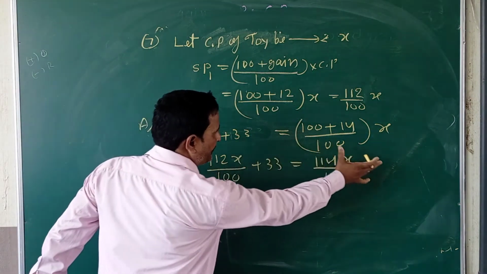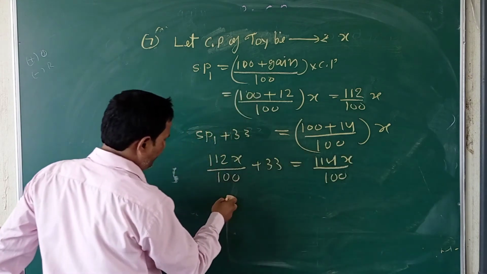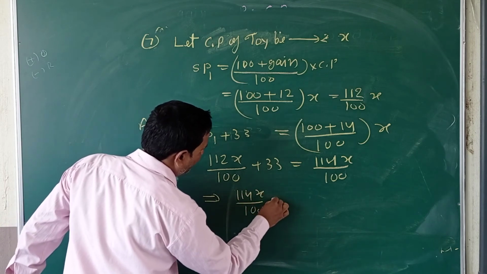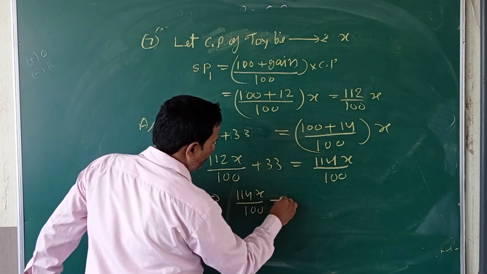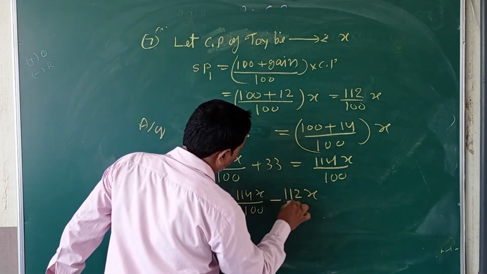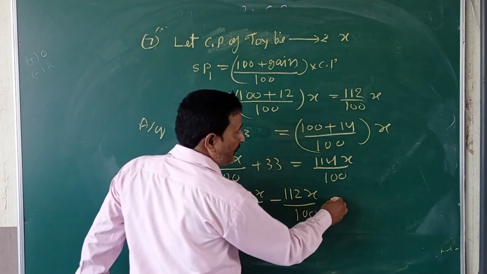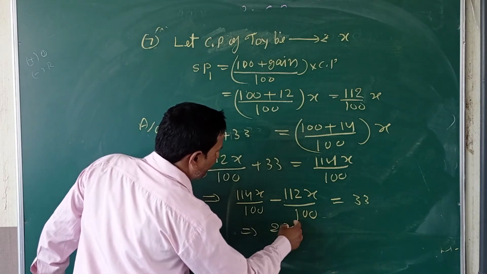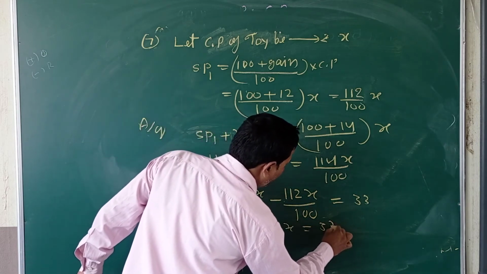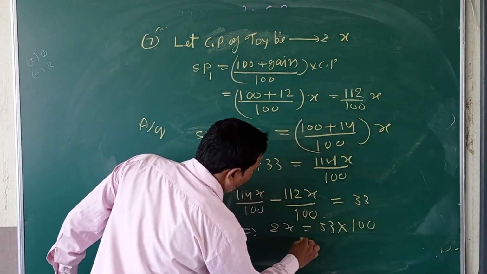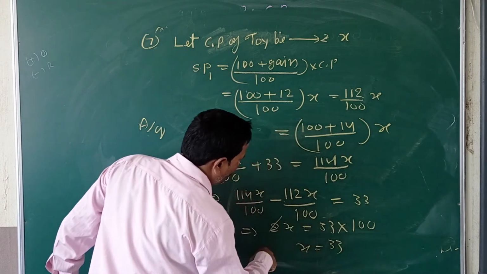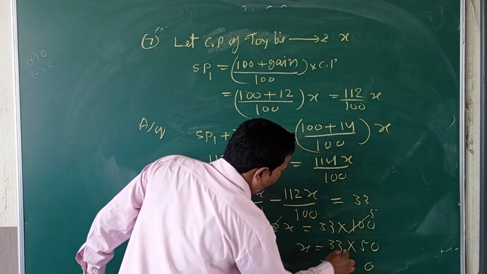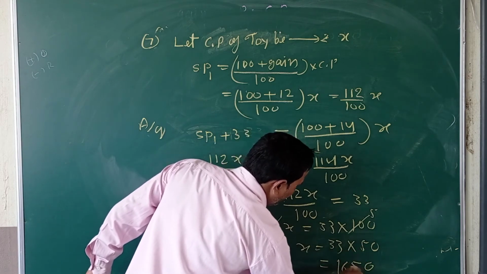The variable comes to one side, and this side becomes minus. It means 114x upon 100 minus 112x upon 100 is equal to 33. So 2x is equal to 33 into 100, as the denominator is the same. x is equal to 33 into 50, that will be 1650.